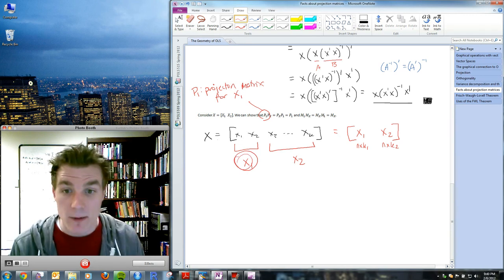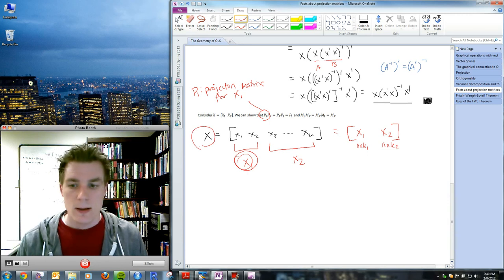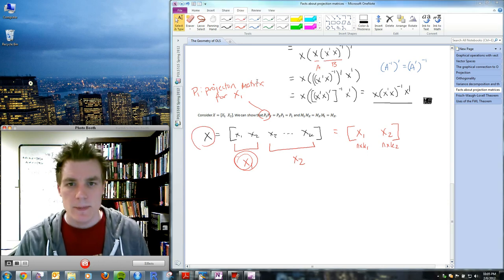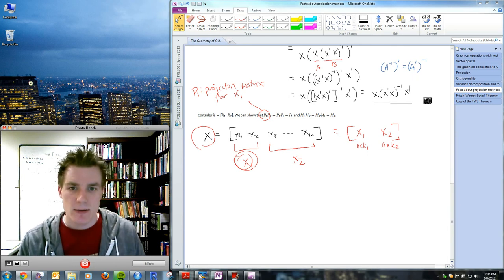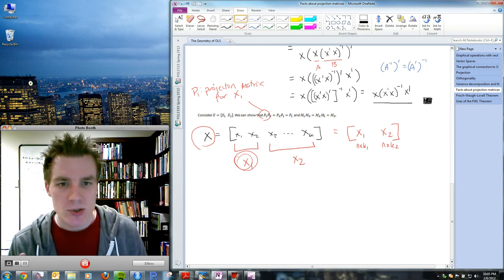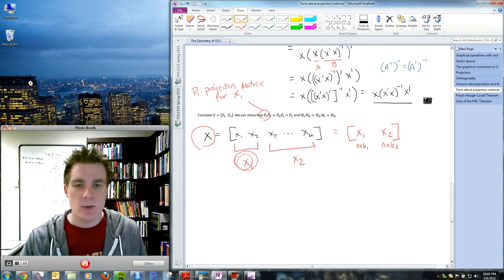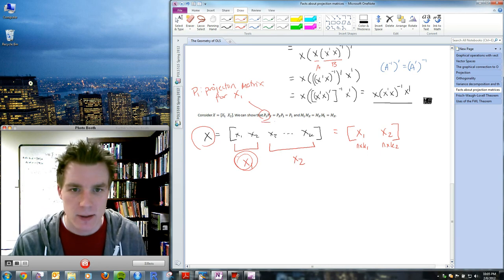P1 Px, where Px is the projection matrix for all of X. So P1 is the projection matrix for X1, Px is the projection matrix for the entire matrix X here. So what we want to show is that P1 Px equals Px P1 equals P1. Let's start with that fact right there.